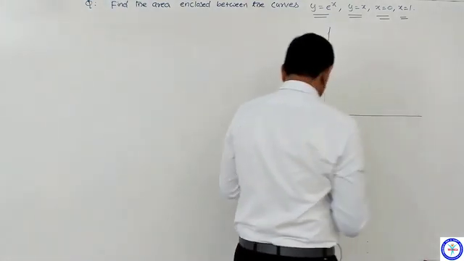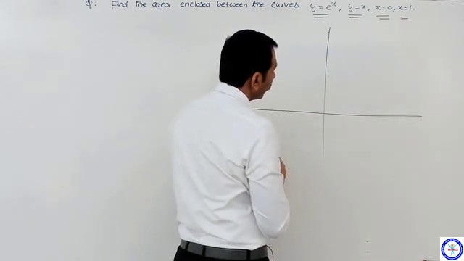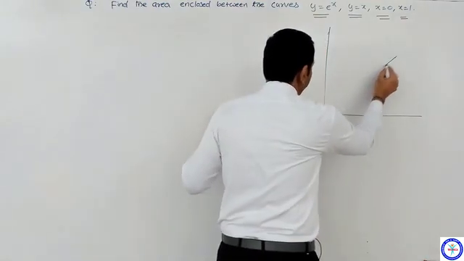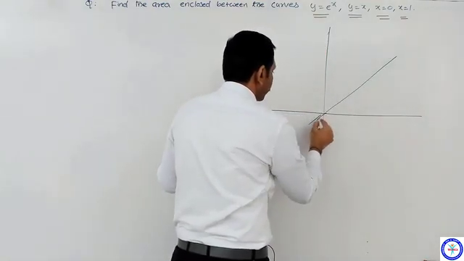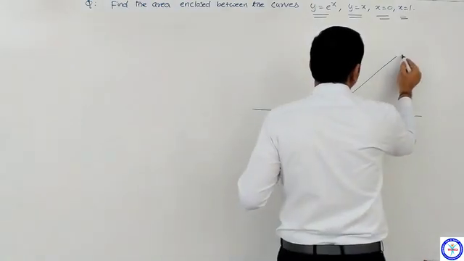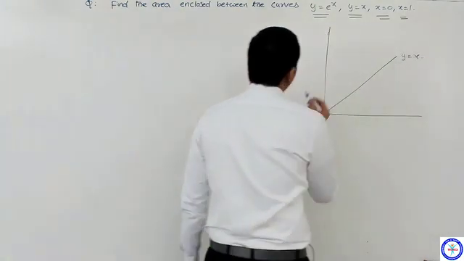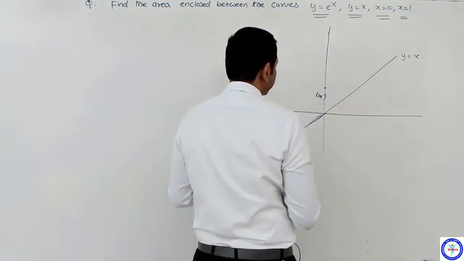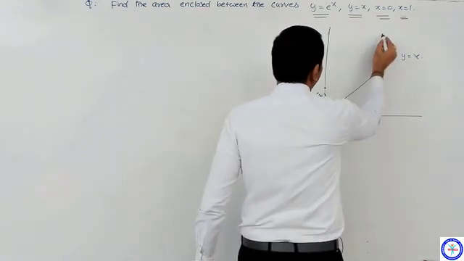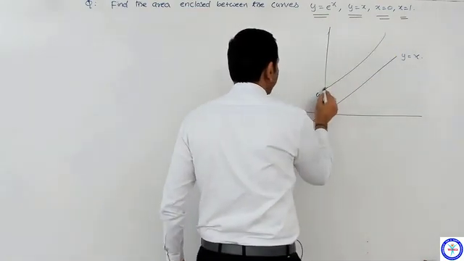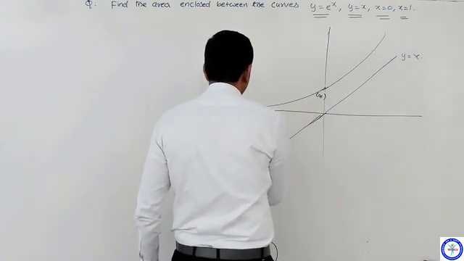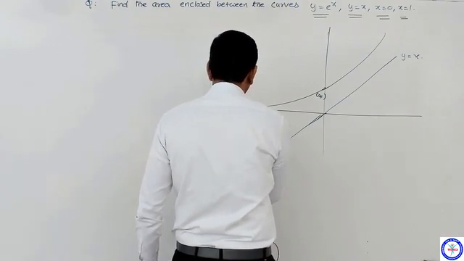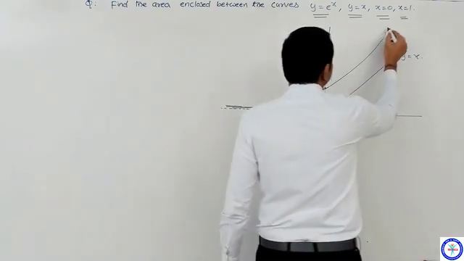Here you see, this is the line y equal to x, and y equal to e power x. Here I will take somewhere 0, 1. Y equal to e power x, the exponential function.